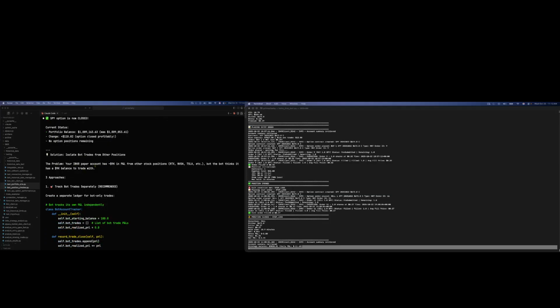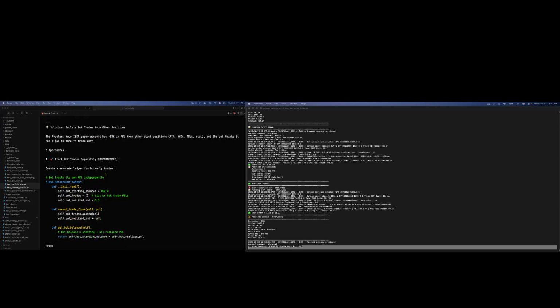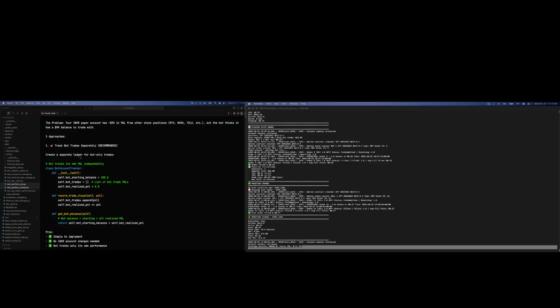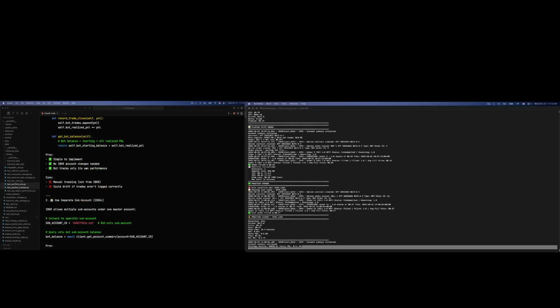The problem is that your IBKR has 9K in PNL from other stock positions, but the bot thinks it has a 9K balance to trade with. Track the bot trades separately. Create a separate ledger for the bot only trades. Bot tracks its own PNL independently. Starting balance. List both PNL trades. Record. Simple, no IBKR account changes needed.